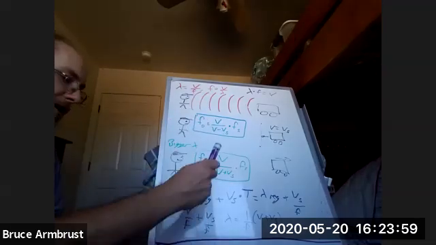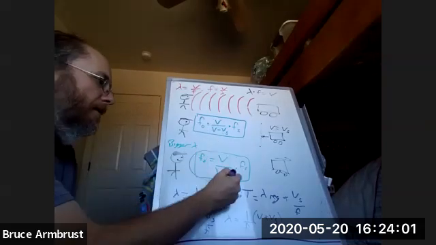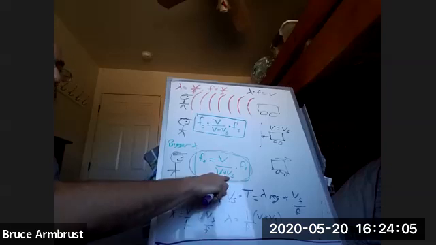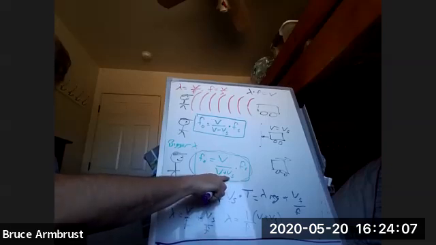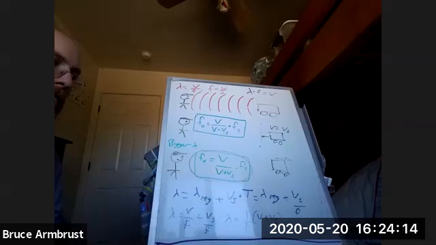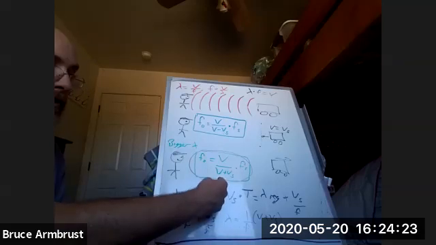You can just look at this one and go, oh, if it's moving away from us, V sub s is positive. If it's moving towards us, V sub s is negative. And it's the same formula. I don't know which way this book does it, but some books will have it just as one formula.